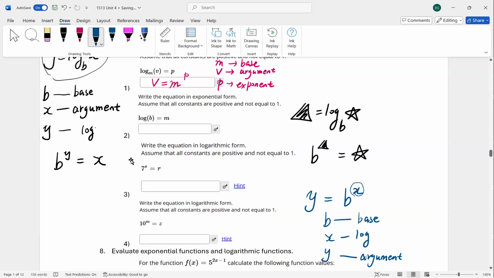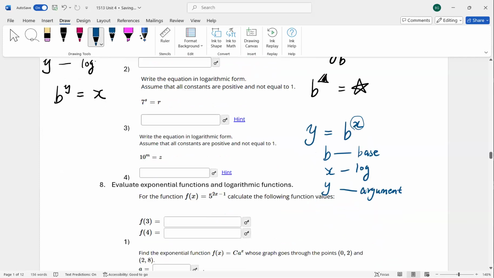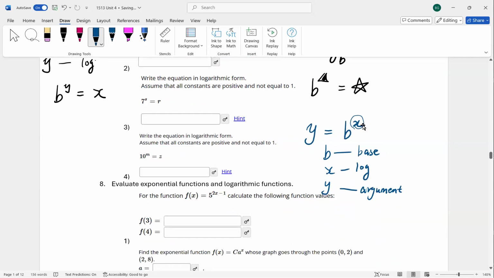We only have three parts in the equation: base, argument, and log. If we can find two of them, then we know the other one. What's the remaining one? So now we have B is the base, X is the log because X is on the shoulder, and Y is the argument. Then we can write that equation in the equivalent logarithmic form.